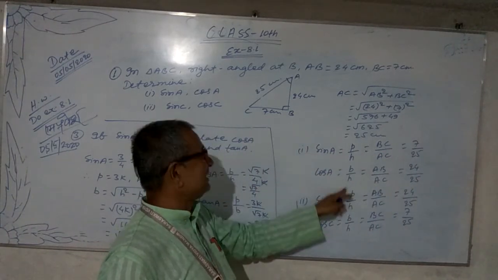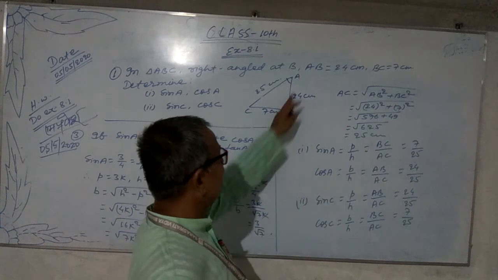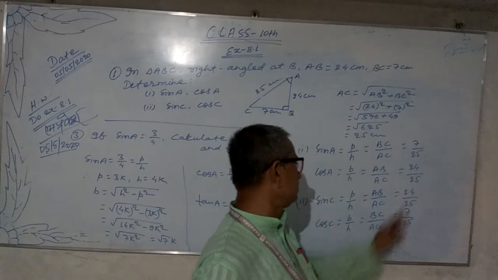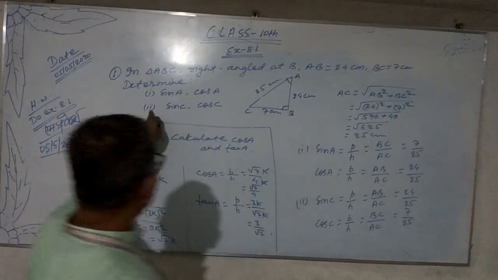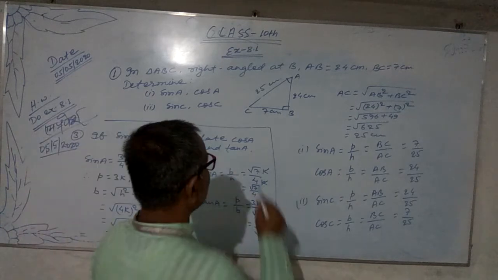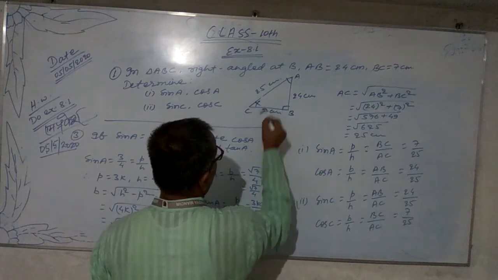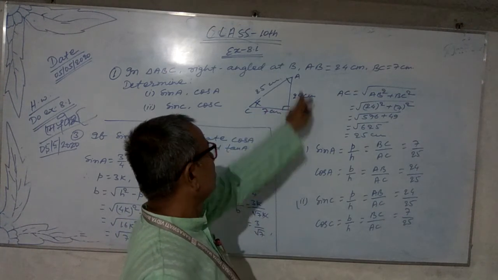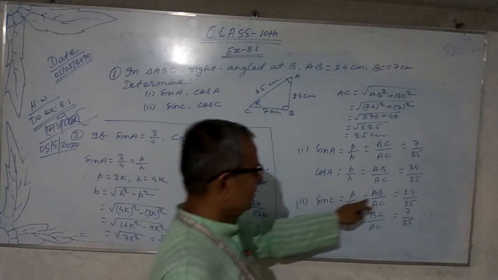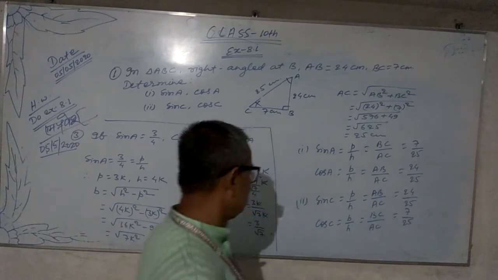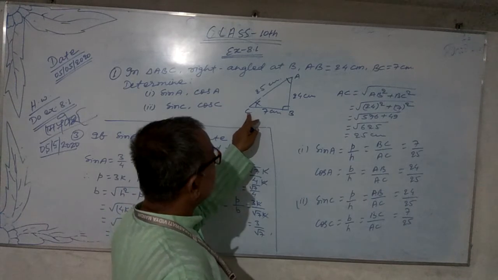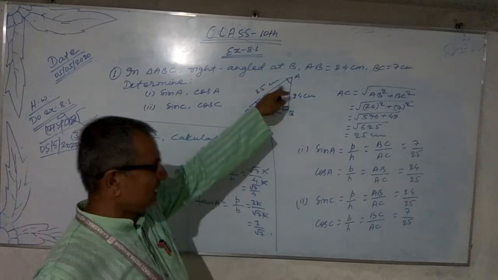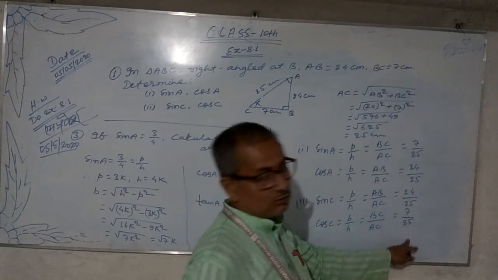Cos A is B by H, AB by AC is equal to 24 by 25. And in this section sin C, for this angle, side opposite to angle, that is P, AB by AC, 24 by 25, and cos C is B by H, that is side adjacent to angle C, BC by AC, that is 7 by 25.